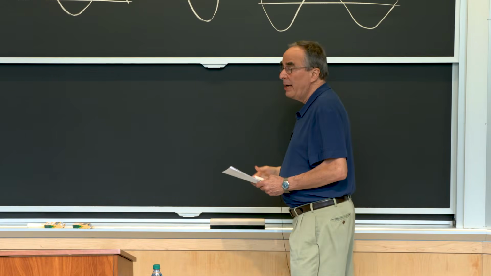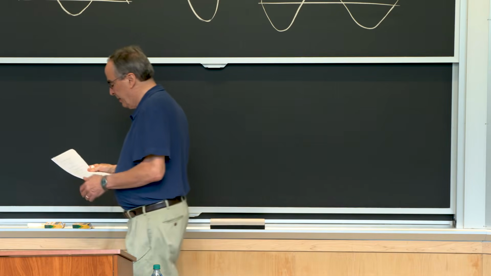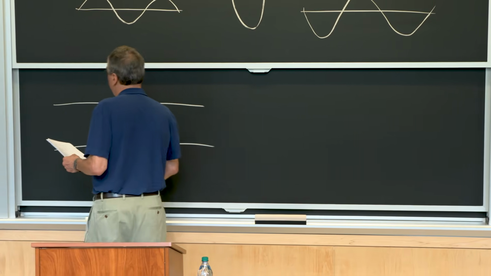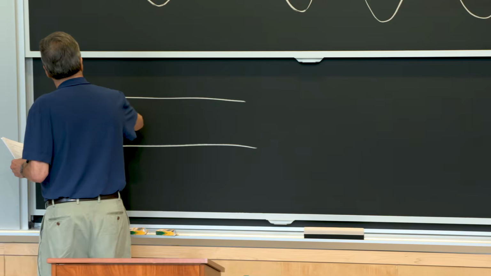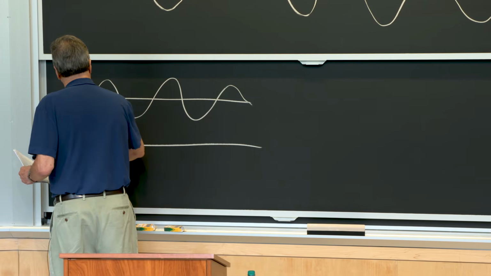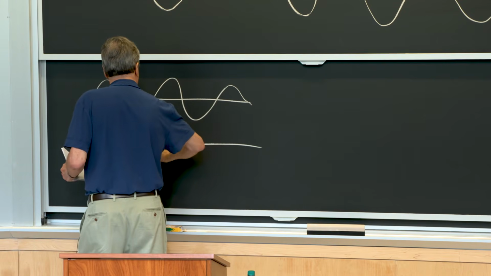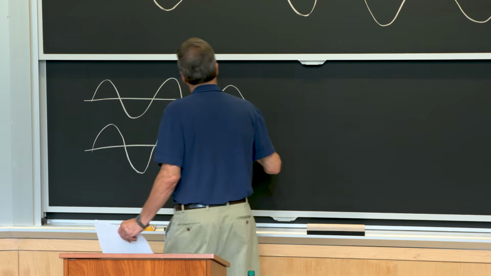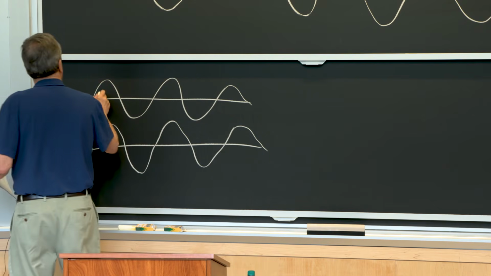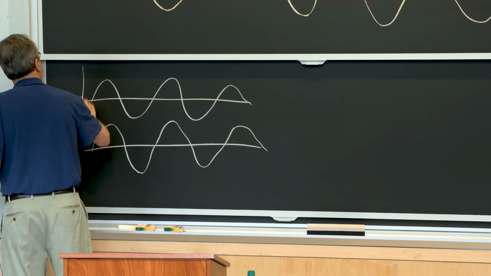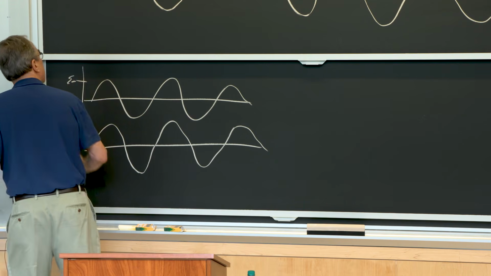Okay, light waves are electromagnetic, and so that means we have transverse electromagnetic waves. Here is one part of the wave, and here is another part of the wave. This is the electric part of the wave, with 0 and E0.